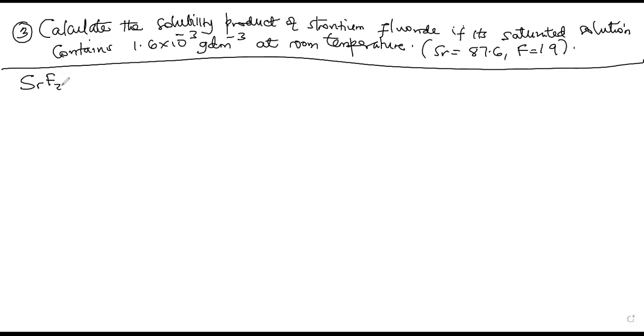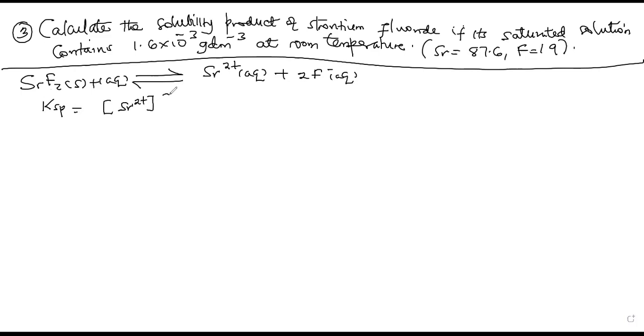Strontium fluoride, solid plus aqueous, establishing equilibrium from strontium ion, fluoride ion. Then still we write the KSP expression: concentration of strontium times concentration of fluoride raised to the power 2.